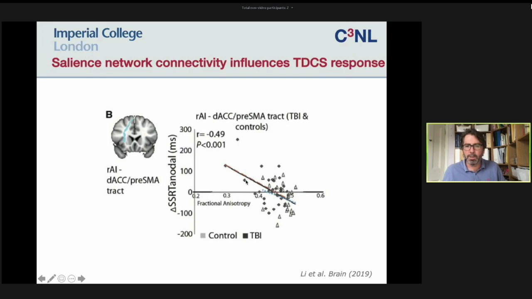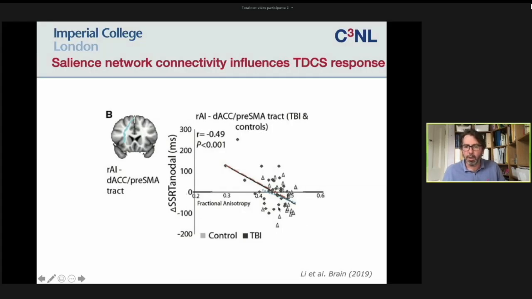The dark grey dots are the TBI patients, and we can see that the TBI patients in general show reductions in FA, as I've told you. But then the change in SSRT produced by stimulation is correlated with the fractional anisotropy within the network. So as the structural connectivity becomes more impaired within the network, the effect on SSRT becomes less.